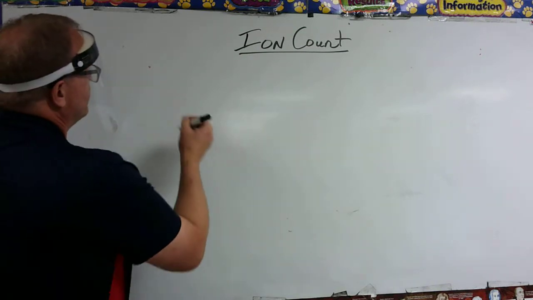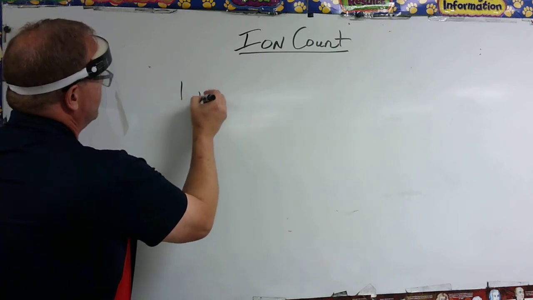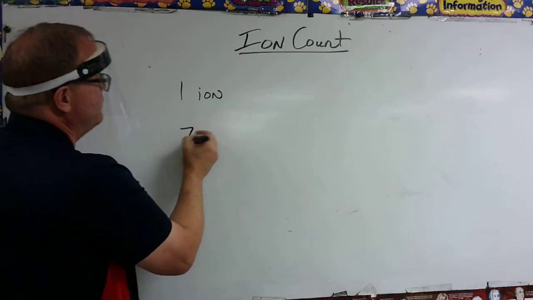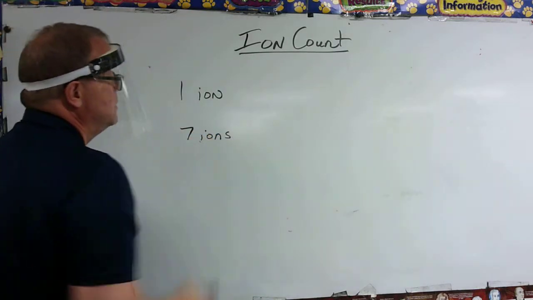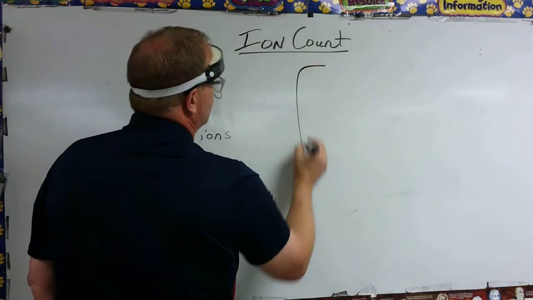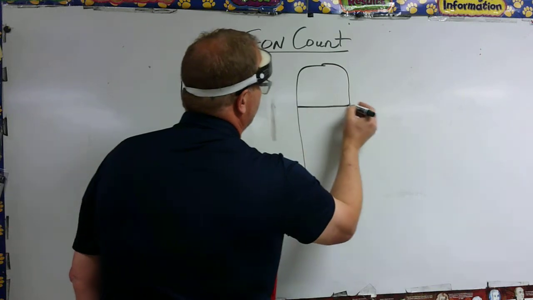So, let's say I have, let's see, some of them have 1 ion, and some of them have 7 ions. So if I'm looking at my range, and again, I'm kind of covering a little bit of something called colligative properties.